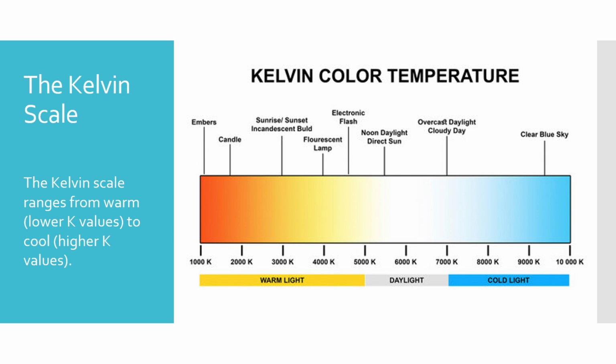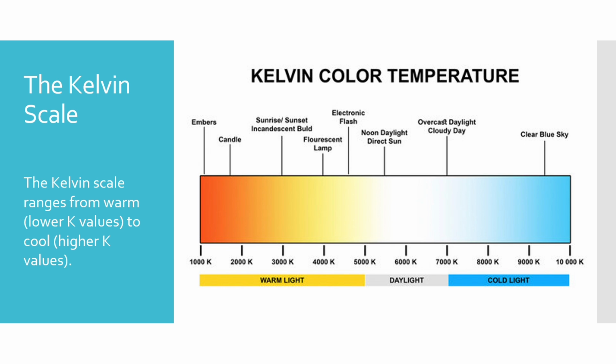Understanding color temperature is important for various reasons. In photography, it helps achieve the desired mood and atmosphere in your images. Lighting designers use it to create specific effects in theatrical productions. Even when choosing light bulbs for your home, you will find different color temperatures, like warm white or cool white, affecting the overall ambience of your space.